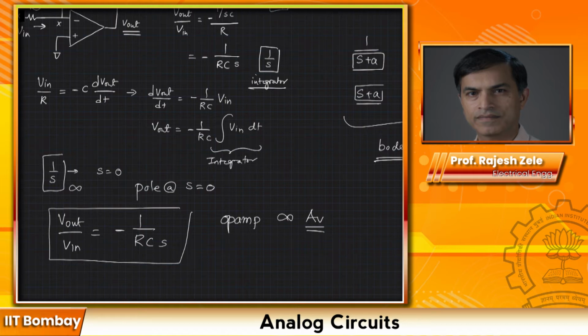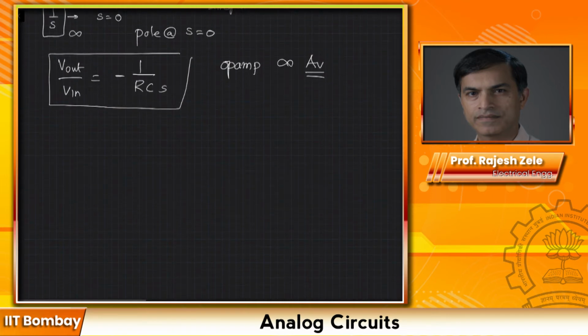Now, if the op amp has limited gain, let's say AV, let's see what happens. What you can do is, I'm going to redraw the circuit one more time and go through the analysis in a little bit brute force manner so that you understand.